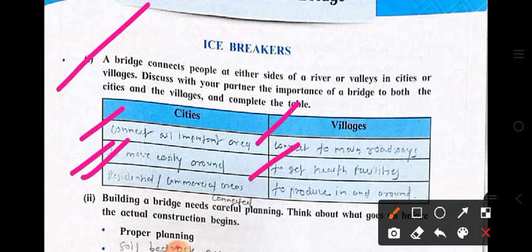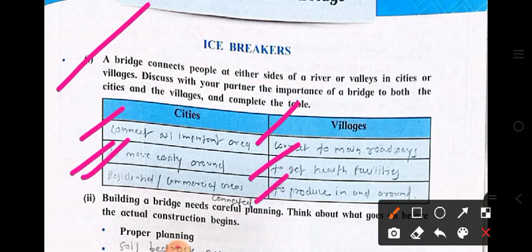To get health facilities. In villages, people cannot easily get proper healthcare facilities. For getting it, a bridge helps all the people of the villages. It means healthcare more advanced than is available in the villages can be accessed safely throughout the year in nearby cities if there is a bridge connecting the village to the nearest highway.